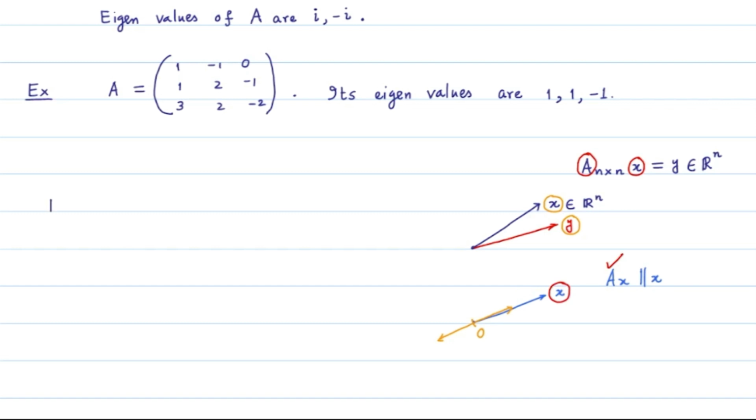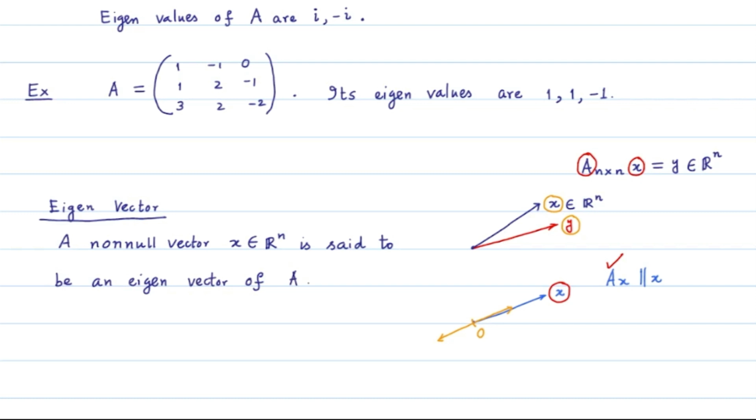That is, mathematically we define an eigenvector of a matrix capital A as follows: a non-null vector x in Rn is said to be an eigenvector of the matrix capital A with all entries real if there exists a real number lambda, so that Ax is equal to lambda times x. Geometrically, this scalar lambda can be thought of as a stretching factor.